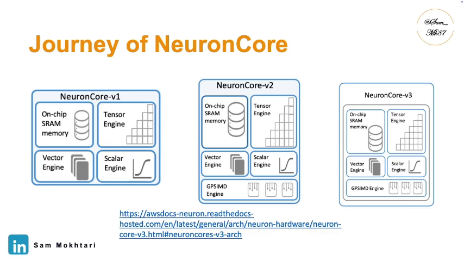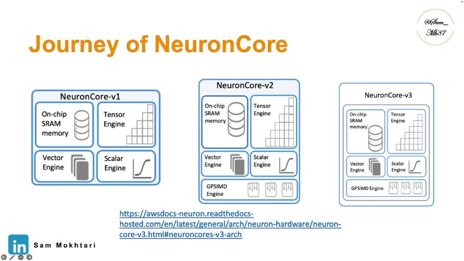And the third processing engine is the scalar engine, which is designed for scalar operations, things like activation functions, like sigmoid, ReLU, and all those activation functions. The second version, as you can see, has similar things. And one thing that I forgot to mention is the on-chip SRAM memory, which is there to provide data locality for these processing units.